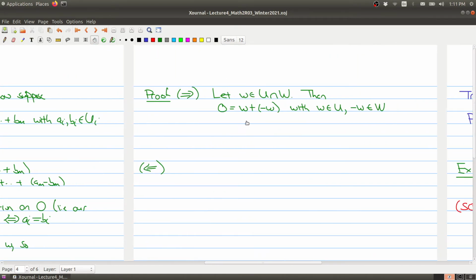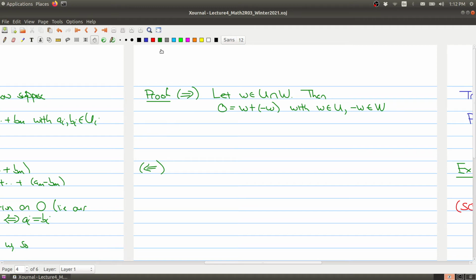So we want to assume that we have a direct sum, and show that everything in the intersection is 0. If we take w that's inside the intersection, then we know that 0 is equal to w plus negative w. Again, we're doing our trick of writing 0 in a special way. We know that w is in U, and the inverse of w has to be in W, using the vector space property, because w is in W, so is its inverse.